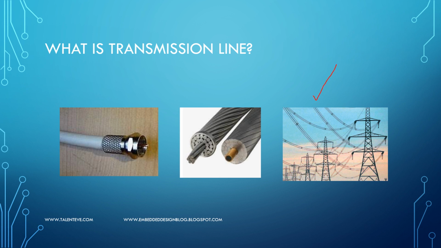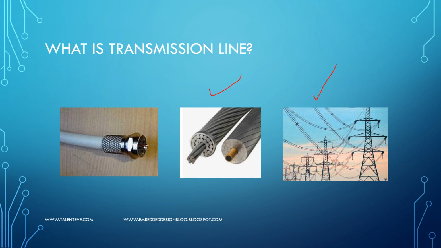This is another kind of transmission line. So any cable, coaxial cable or any kind of cable which carries electrical current can be called a transmission line. For example, if you see the scope, that also carries a minimal current, and that is also called a transmission line.